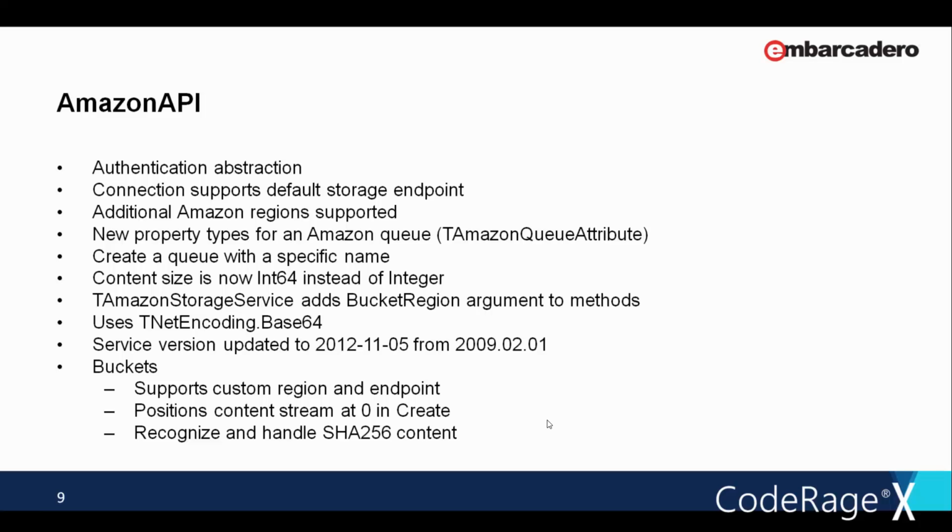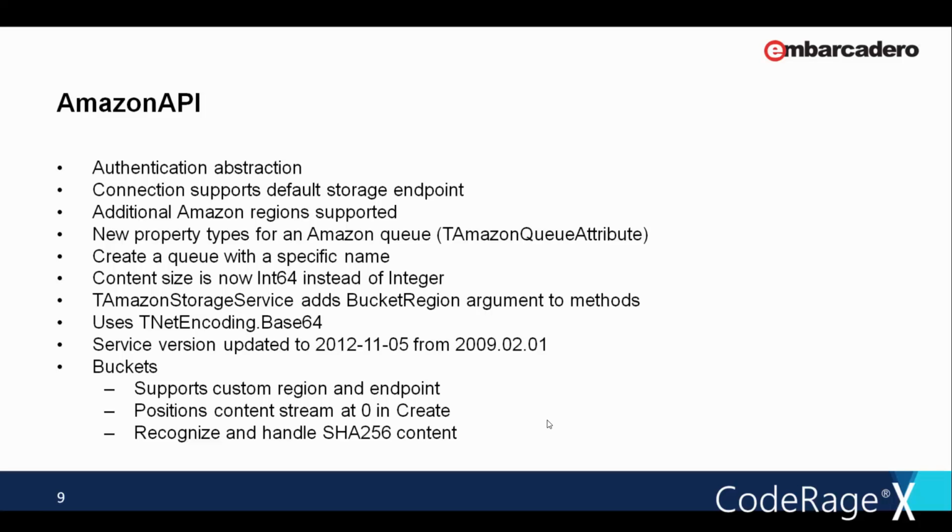Content size that's returned is now int64 instead of integer. So for larger content blocks, you don't have a size issue. The Amazon storage service has a bucket region argument that's been added to its methods so that you can specify which region the bucket goes into for storage.